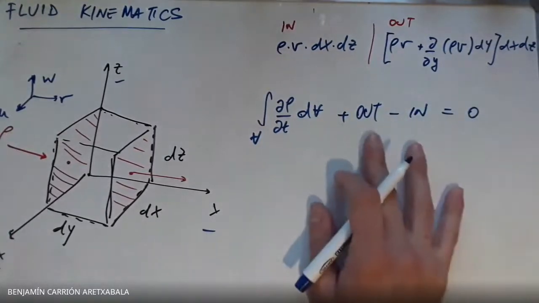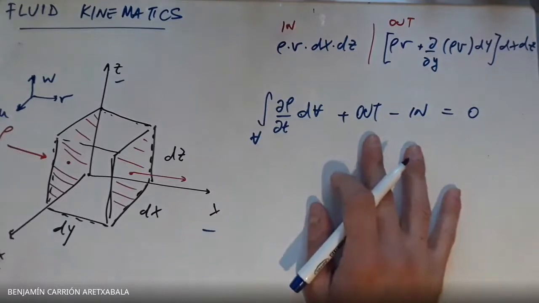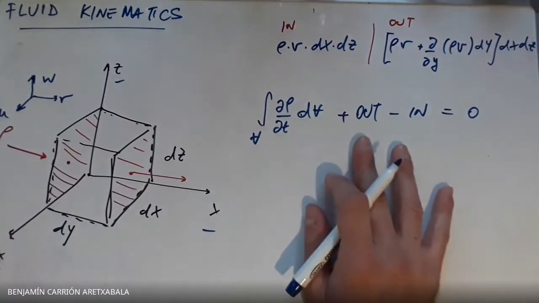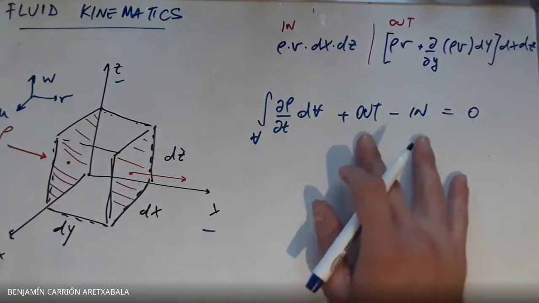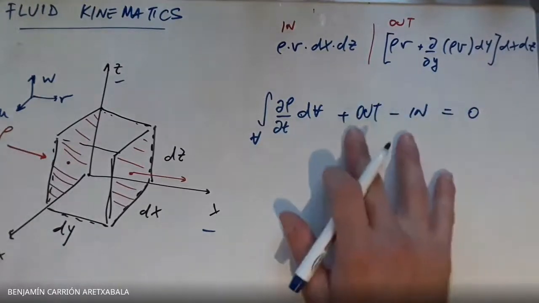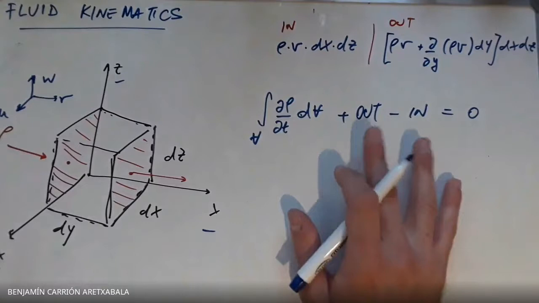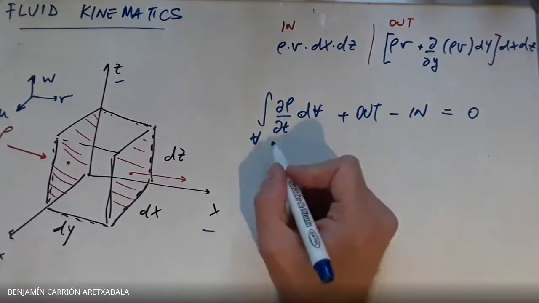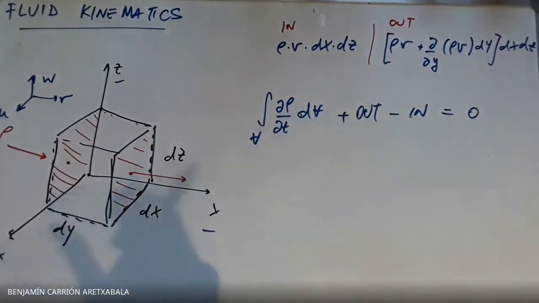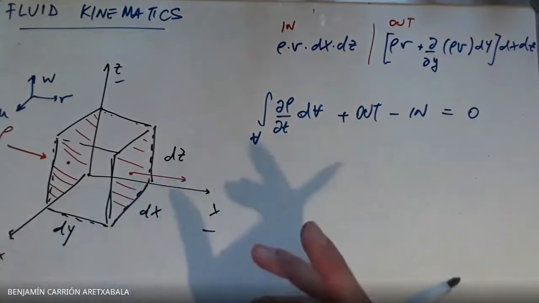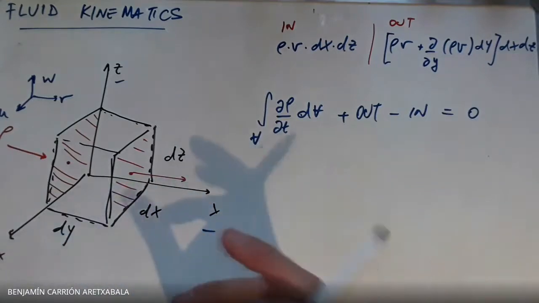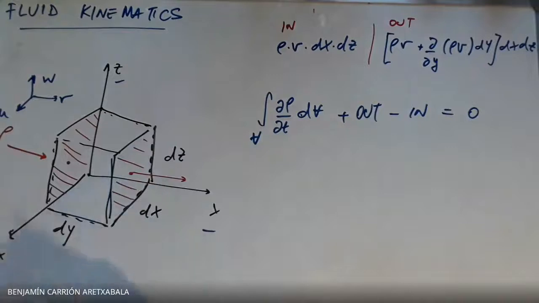Here the conventions matter, but in this case, since everything is going to be canceled out, it's not very important. Now, since this is a very small volume, we can assume that the density of whatever this is, this could be air, or this could be water, should be more or less constant within the volume.